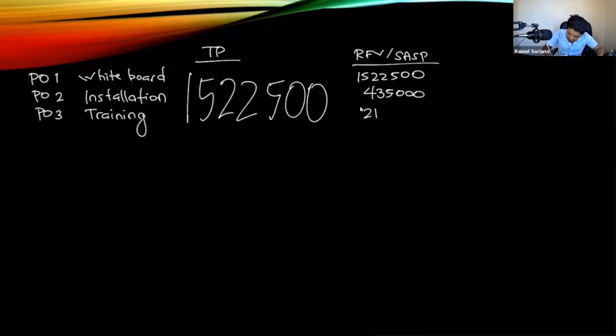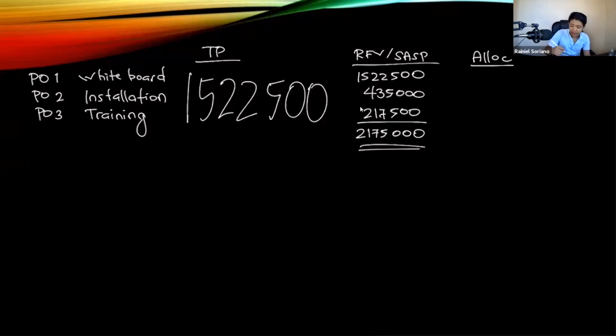So I'll put here 217,500. So the total relative fair value now is equal to 1,522,500 plus 435,000, then plus 217,500, or this is equal to 2,175,000 pesos. Alright. Now, allocate natin. Once again, let's now allocate the transaction price to the separate performance obligations.